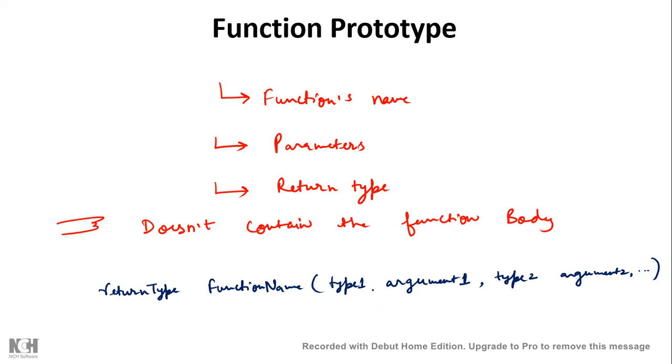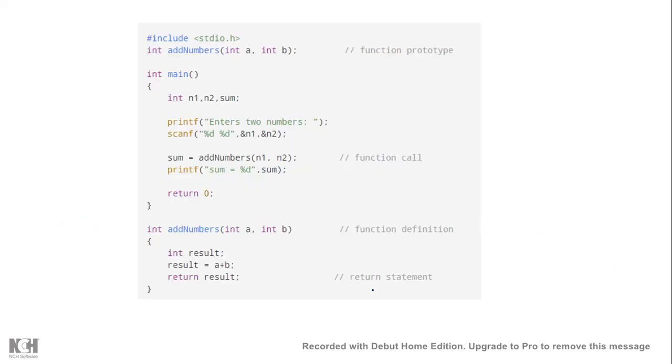Now let us see this with one example. The example contains a function to perform the addition of two numbers. In this example you can see, I have written in the comment section as well, this is our function prototype, which provides information to the compiler.